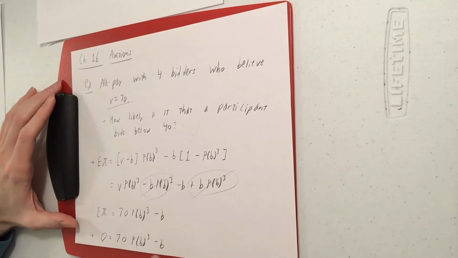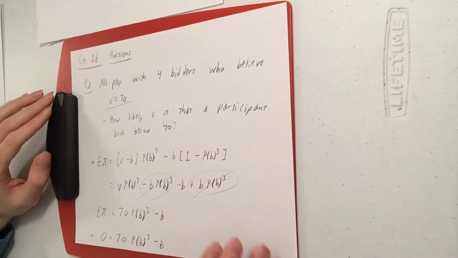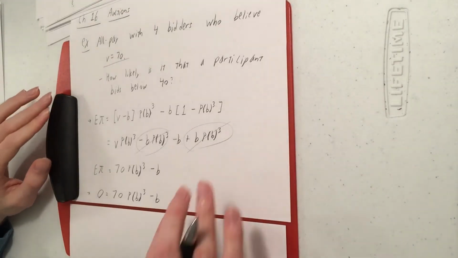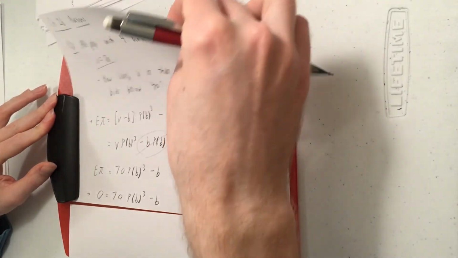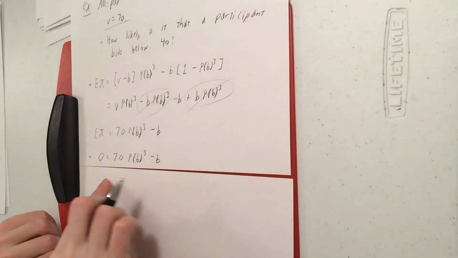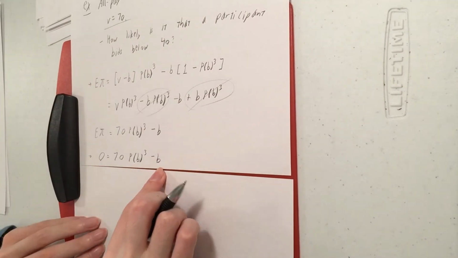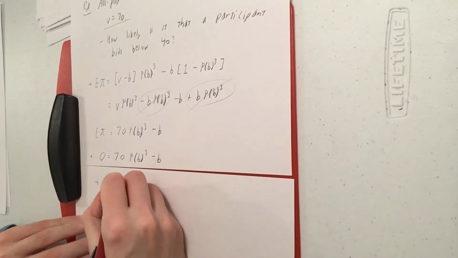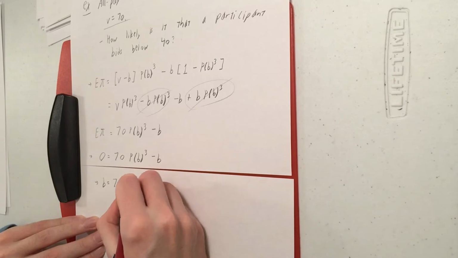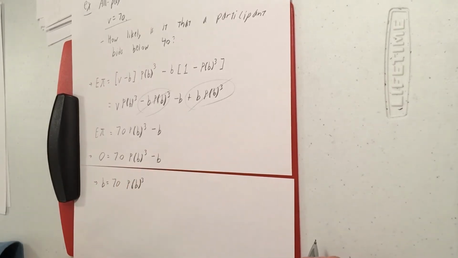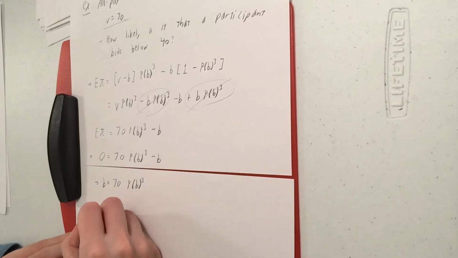And I'm trying to solve here for P of B. So try to solve for the distribution of our bids. So I'll push that B to the other side. B equals 70 times P of B cubed. Next step, divide both sides by 70.